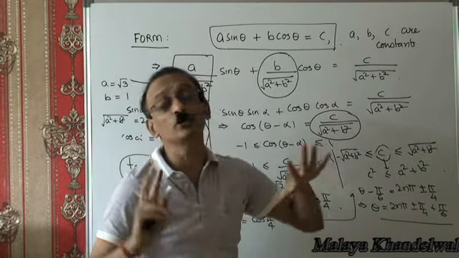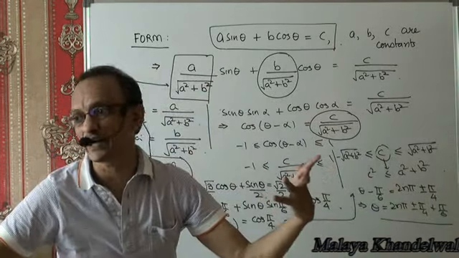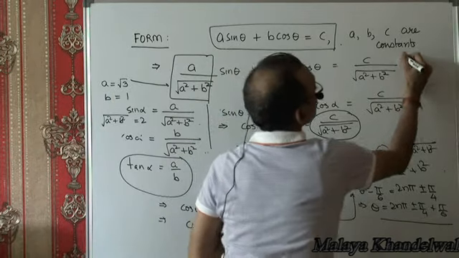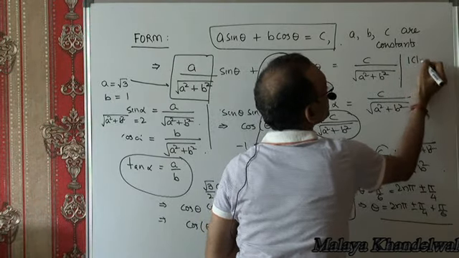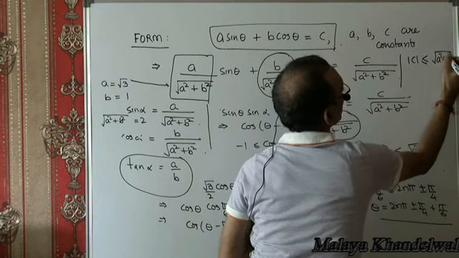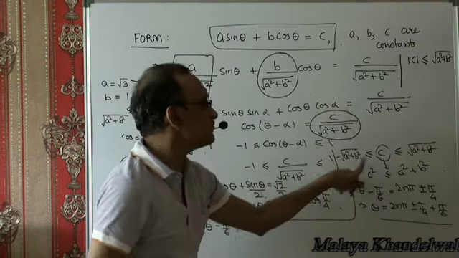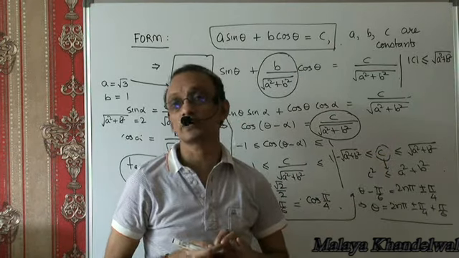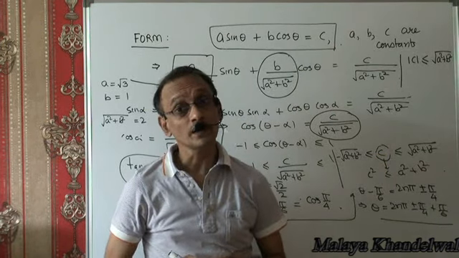The numerical value of c should be less than root a square plus b square. That means the solution would exist only if mod c is less than or equal to root a square plus b square, which amounts to c lying between minus root a square plus b square and plus root a square plus b square. Thank you so much.